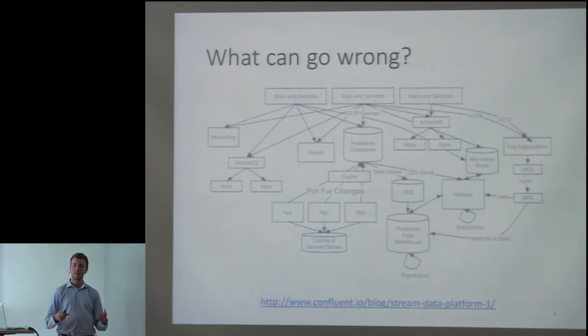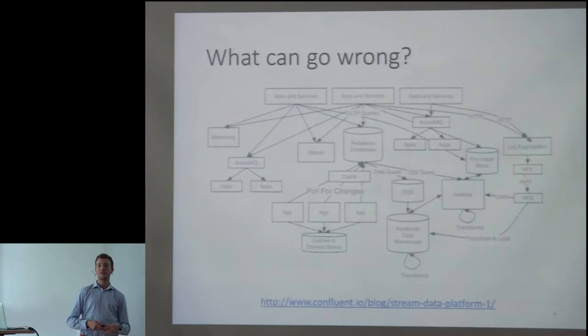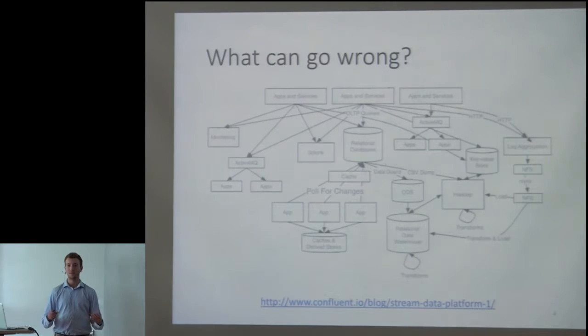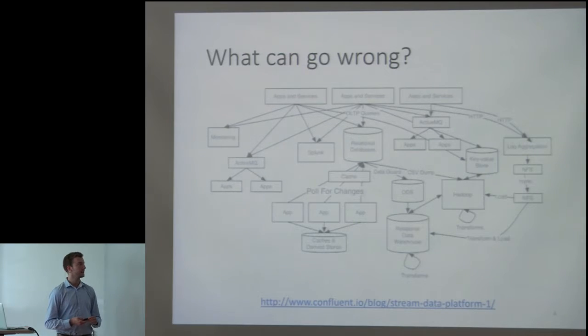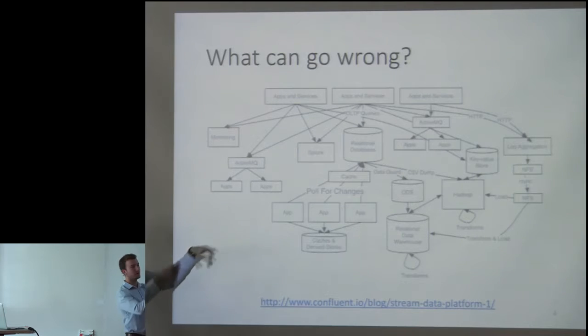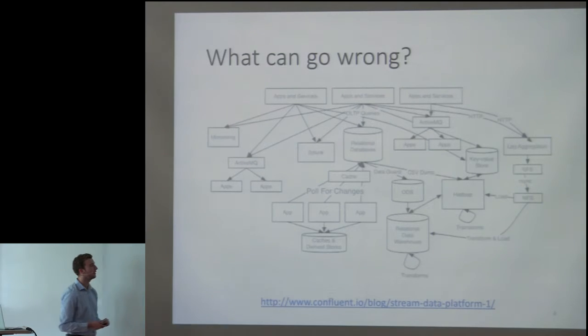Not scalable in the application sense. So we will inevitably want to add more systems to our processing pipeline as we discover more use cases. That means we will add it somewhere here, and it will be stitched to some other part of our system. And this goes on forever.